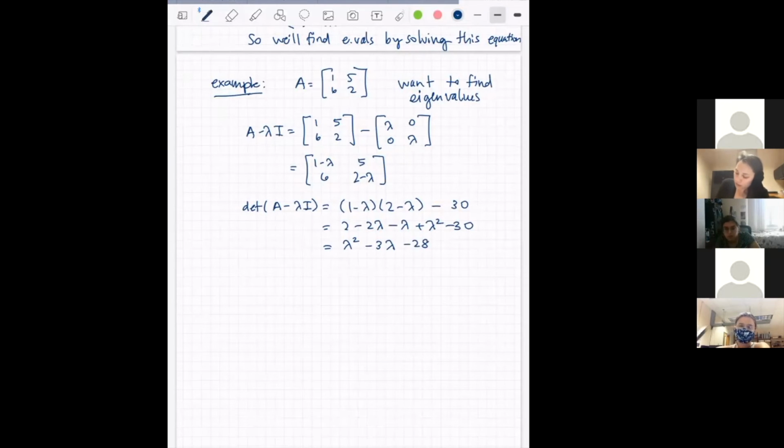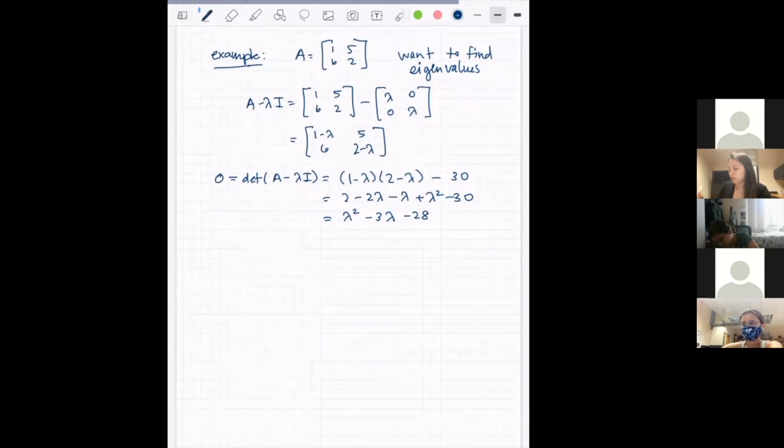What we're looking for are roots of this equation. We want to set this equal to 0 and solve it. In this case, it's just a matter of factoring. So we can factor this into (lambda minus 7)(lambda plus 4), and that means the roots of this equation, which are our eigenvalues, are -4 and 7.